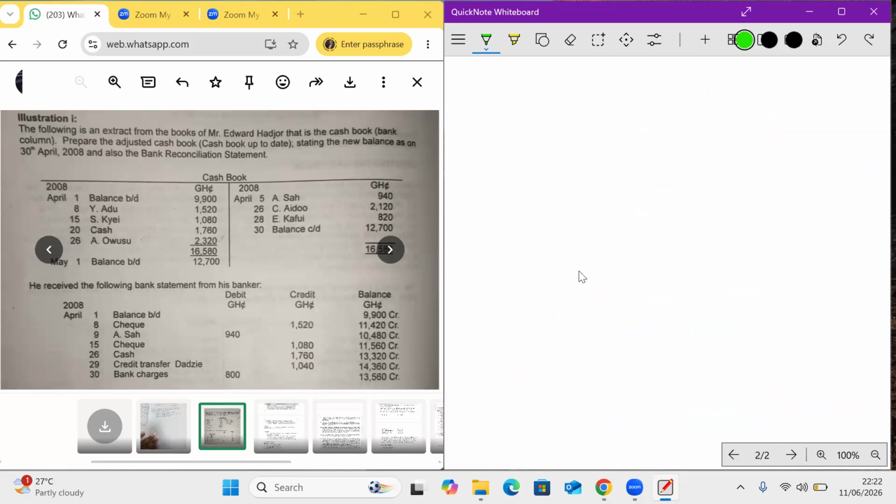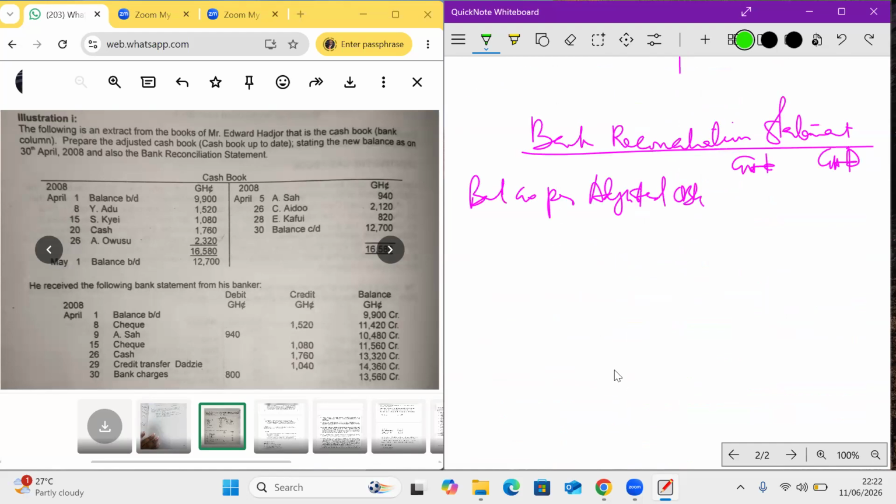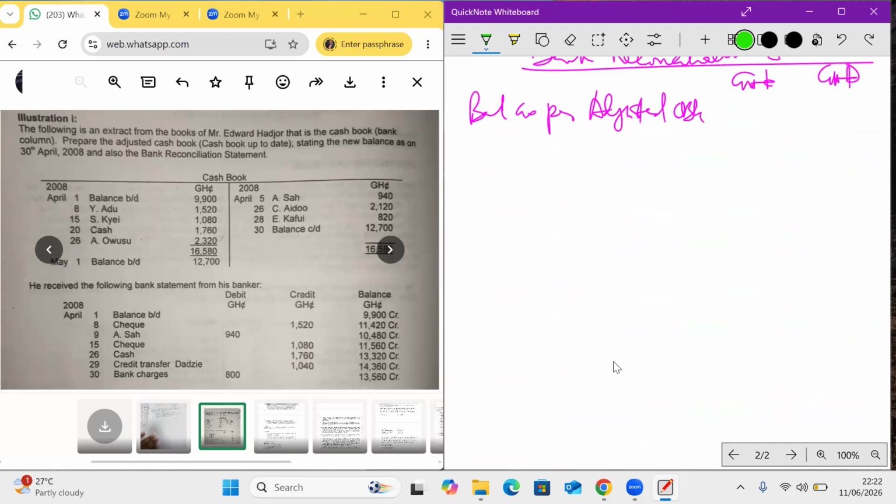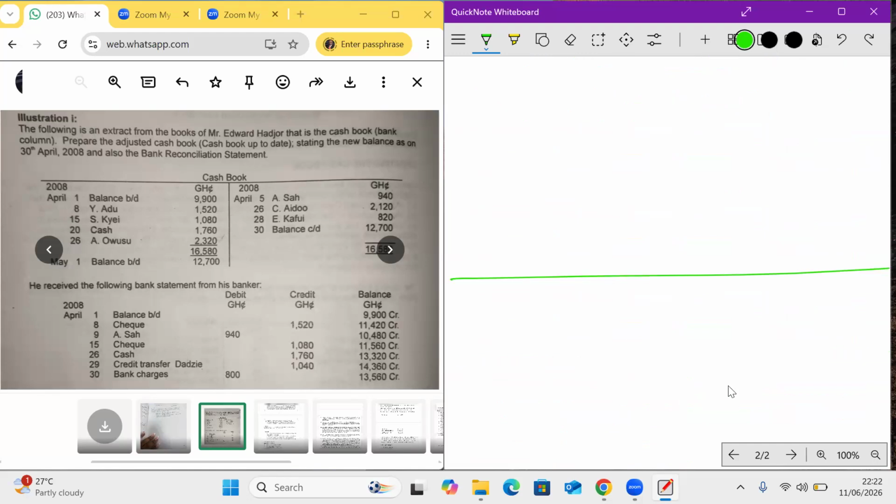So having written the adjusted cash book, let me assume that the adjusted cash book information will end somewhere here. This is the end of my booklet. I can write somewhere as workings on my book. We have unpresented checks, which are part of the bank statements.